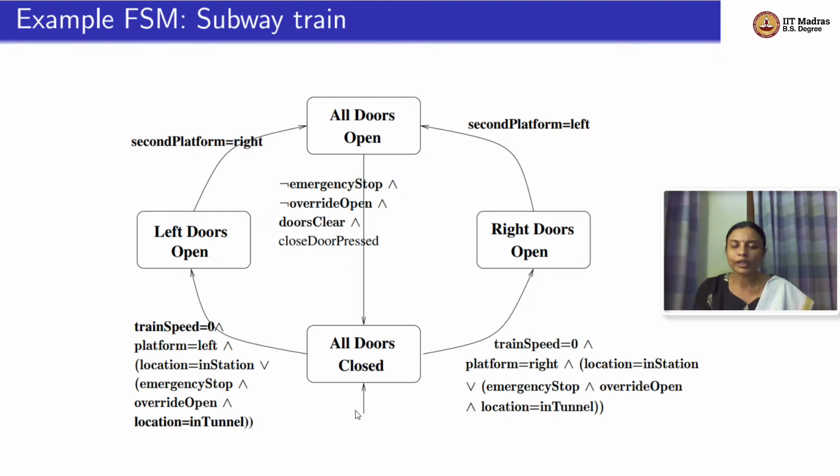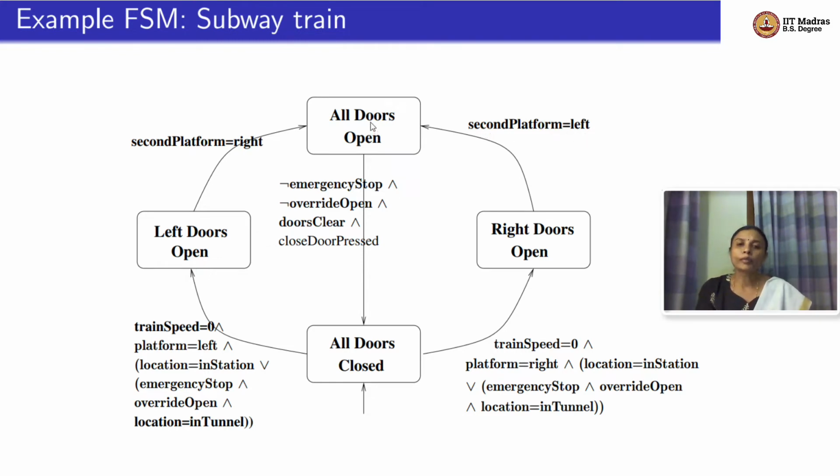This is symmetric to the left doors open. Now when the left doors are open, I can transition to a state where all doors are open, provided I find the second platform on the right hand side also. Symmetrically, from the state where right doors are open, I can transition to a state where all doors are open, provided there is another platform on the left hand side.